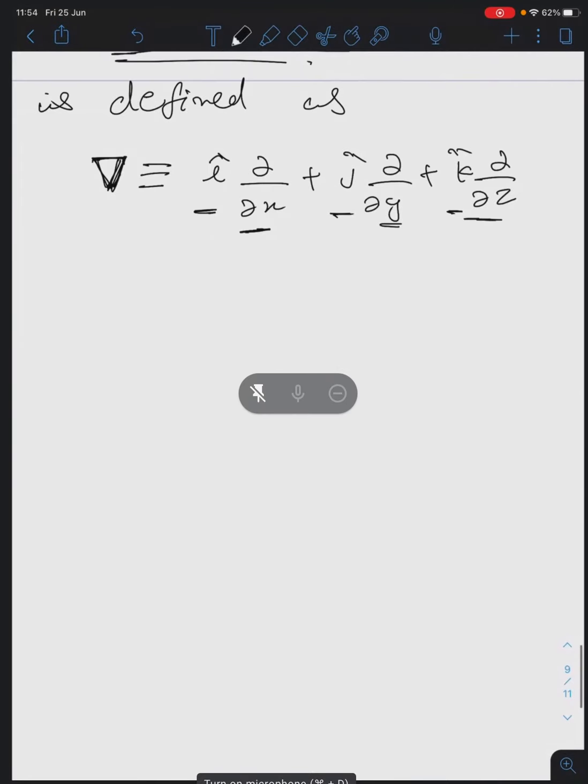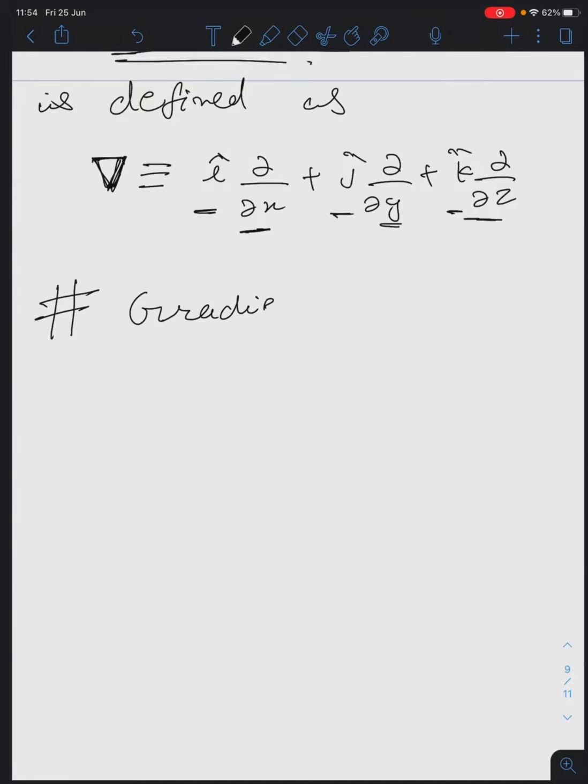Now let us define the gradient. Now onwards we are going to define some quantities which are called gradient, divergence, and curl, out of which the first one is gradient. The gradient is of a scalar point function.